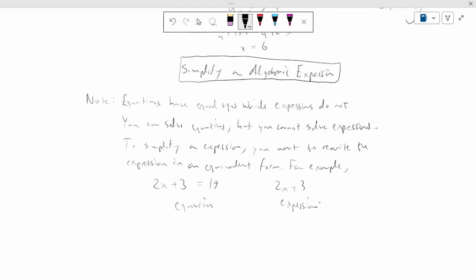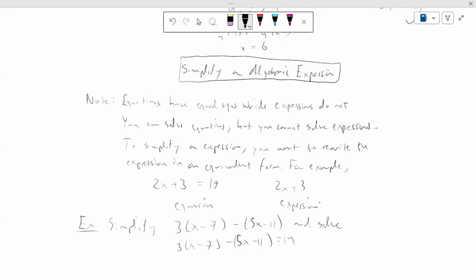Okay. So let's do an example of simplifying an expression then. Simplify 3 times x minus 7 minus 5x minus 11, and solve 3 times x minus 7 minus 5x minus 11 equals 14, right?